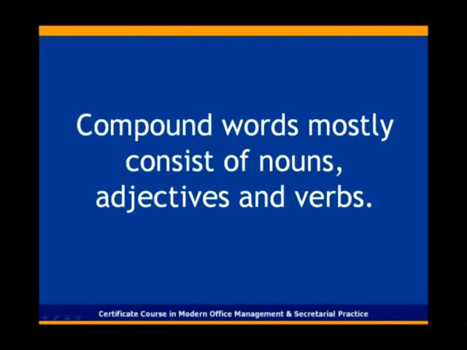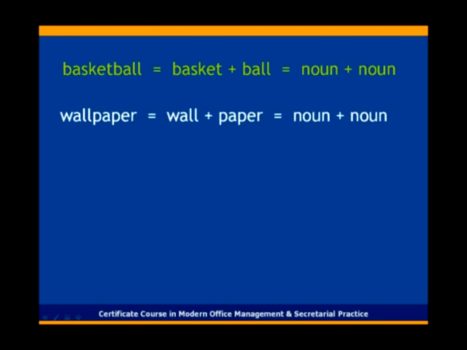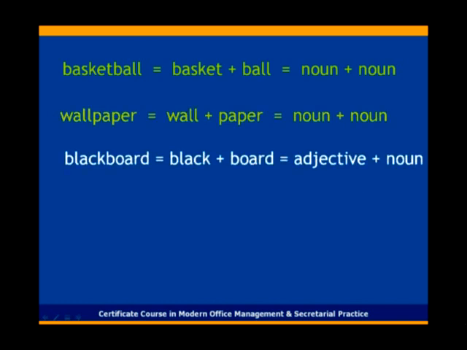Let us now break up these words and analyze them. Basketball consists of two nouns, basket plus ball. Wallpaper consists of two nouns, wall plus paper. Blackboard consists of an adjective and a noun, black plus board.